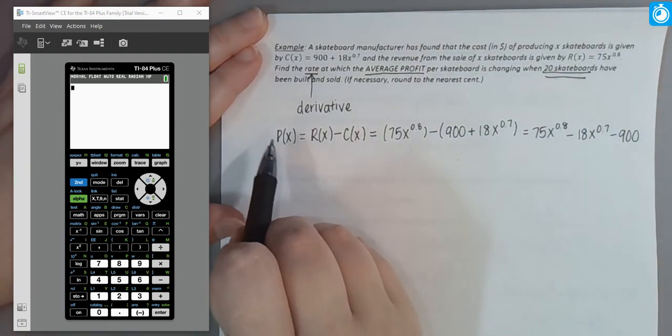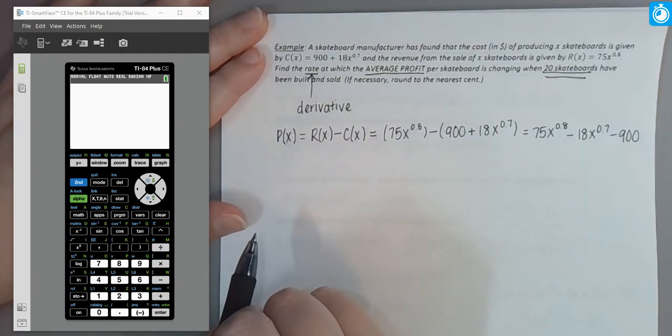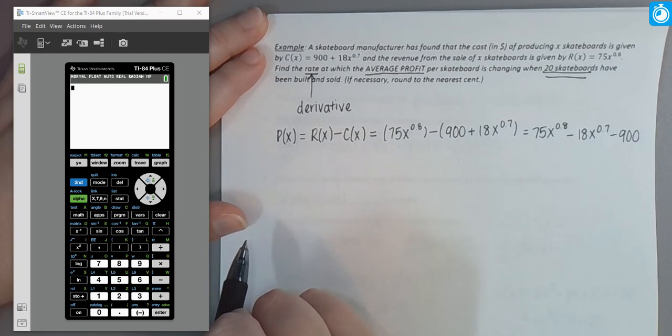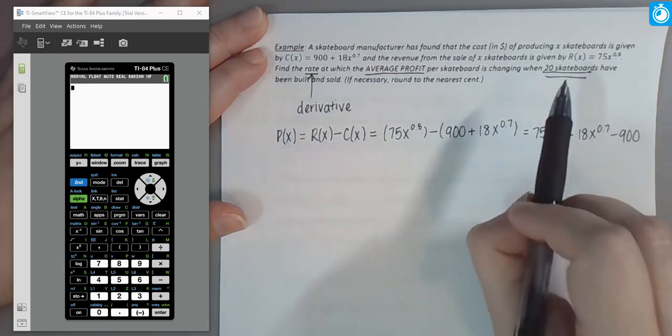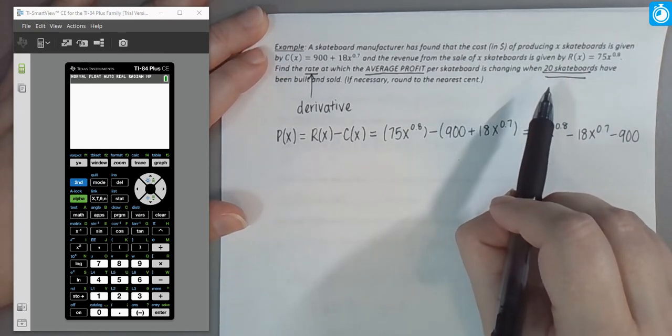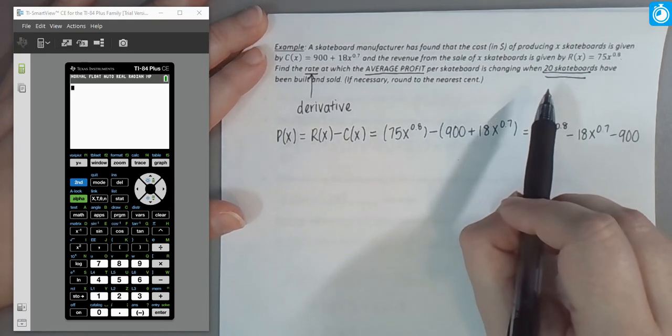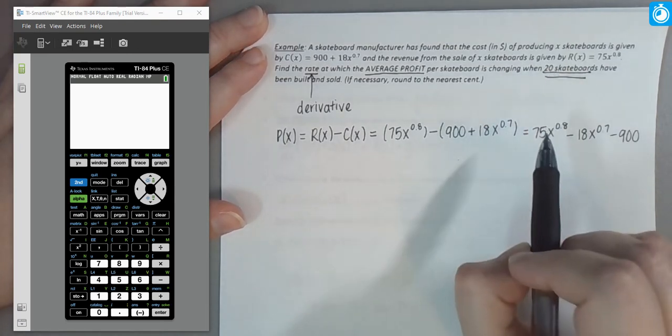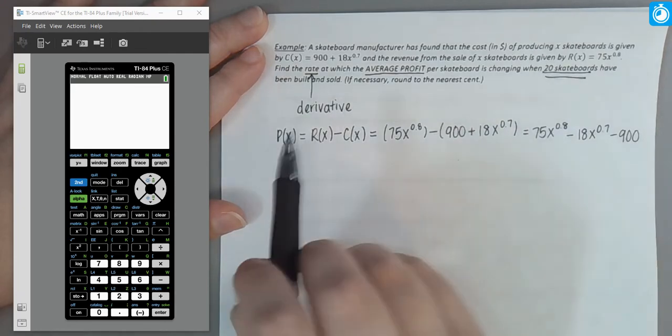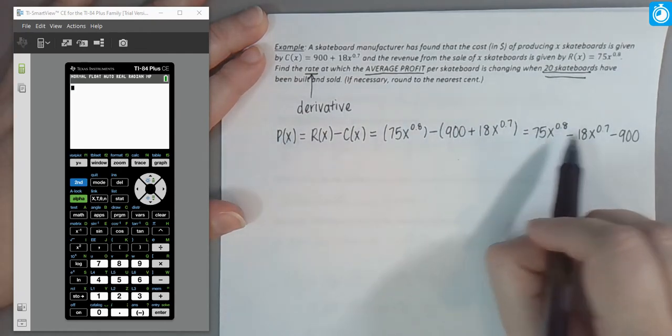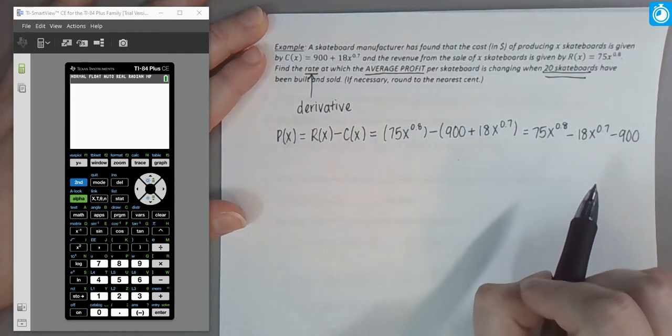So that is going to be our total profit. So if we knew how many items we produced and sold, in this case we're producing and selling 20 skateboards, if we wanted to know the total amount of profit that we've made for producing and selling 20 skateboards, we would just plug in 20 to this function, and that would give us our total profit.